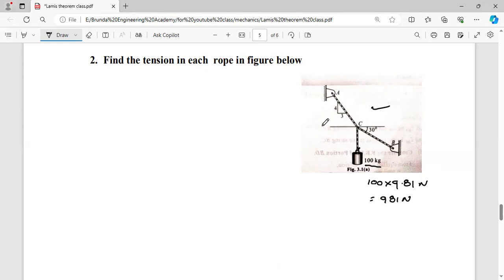Now for this type of problem, we have to draw the free body diagram. Free body diagram means we have to eliminate the supports. What are the supports? It is the support A and the support B. So it is the center point, that is C, and the load acting like this is 981 newtons, and here you draw a horizontal line.